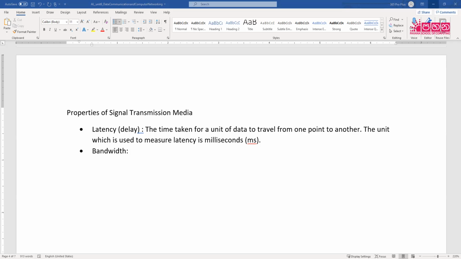So we can talk about different bandwidths, right? But let's talk about the bandwidth in computing. So what we could say here is the maximum rate of data transfer, amount of data.